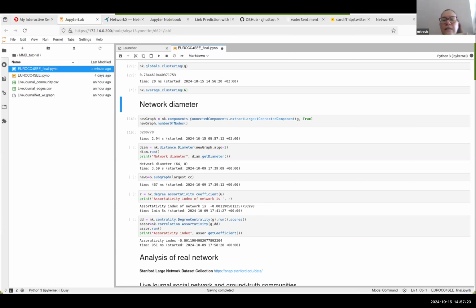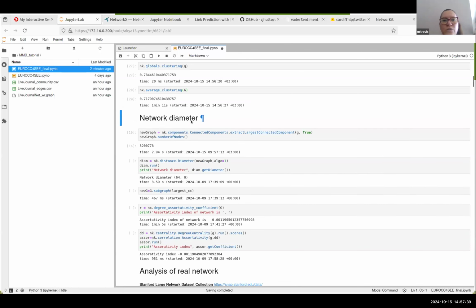As you will see, NetworkKit calculated this much faster, and NetworkX will take some time to do this because it's a slower algorithm and it doesn't use GPU resources for this. As you notice, there is a difference between these two values, and this is usually because of how you calculate.